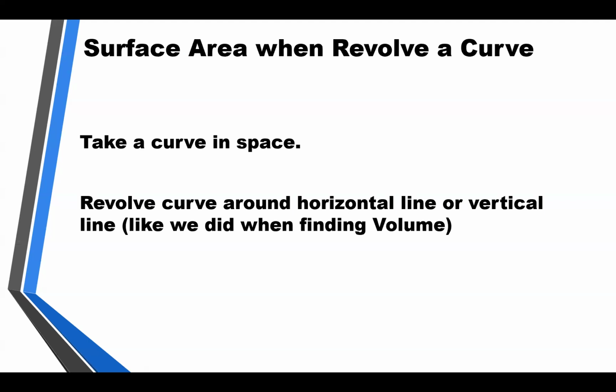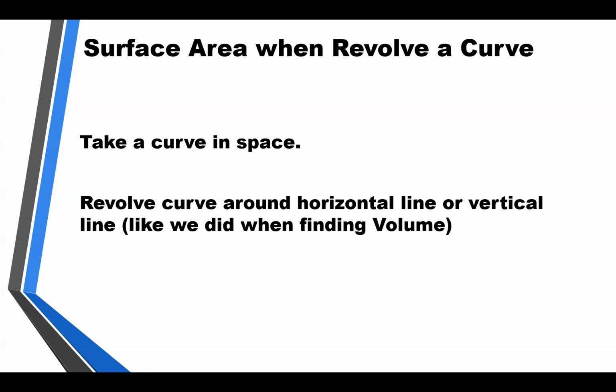This section covers arc length, but it also covers the idea of surface area too. So we're going to take that arc length formula that we just used, and we're going to apply some of those details that we saw in arc length to the concept of surface area.